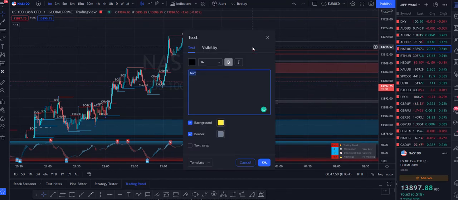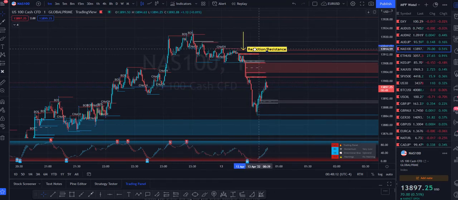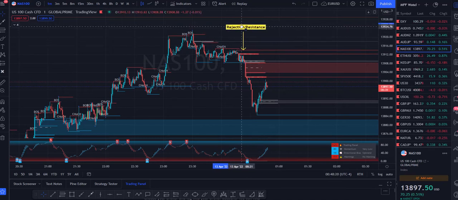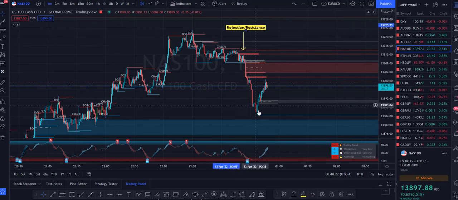So I'm going to mark that here as rejection slash resistance. So this is where price came up here and hit this little level here, which we're going to call the resistance level. And then you see that price broke away.